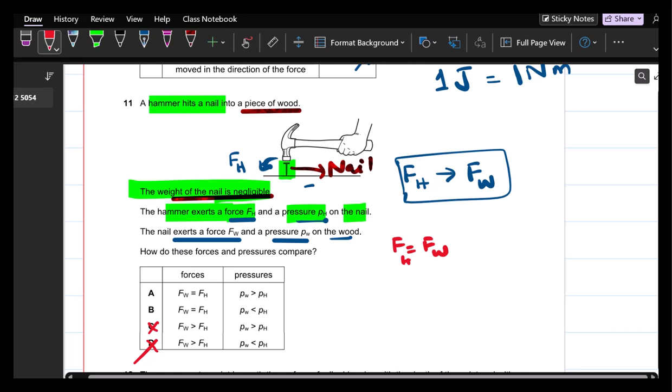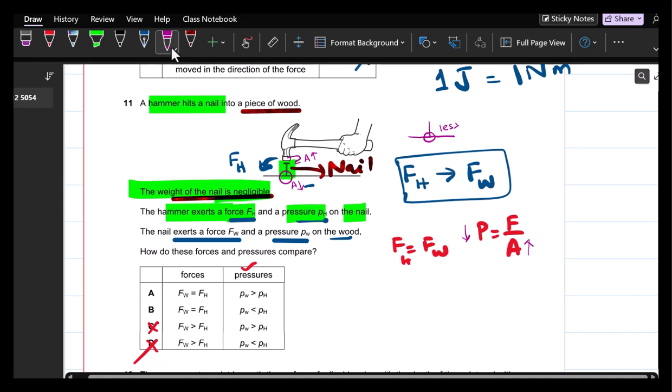So now we have to see the pressure. Pressure is equal to force over area. You can see the pin has less area in contact with the wood, but the area of the hammer in contact with the pin is greater. Greater the area, less the pressure.